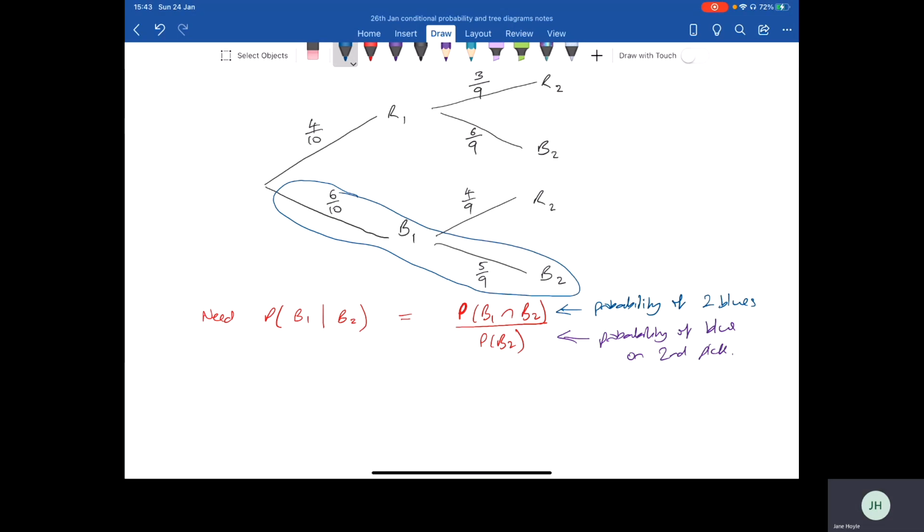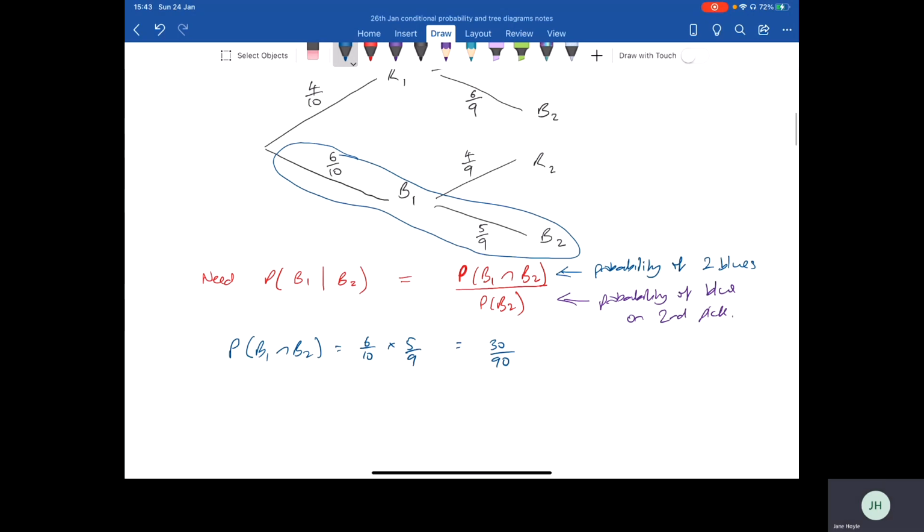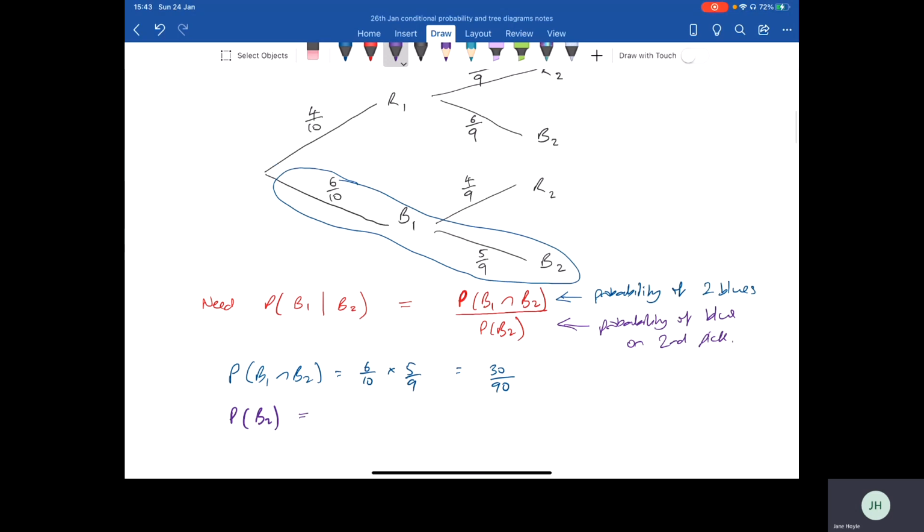So the probability of getting 2 blues, the probability of B1 intersection with B2, is equal to 6/10 multiplied by 5/9. That is 30 over 90. And then if I work out the probability of the denominator, the probability of B2, so there are 2 possible options here, aren't there?